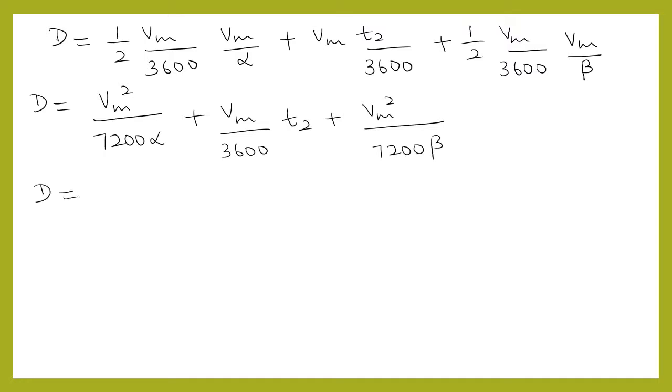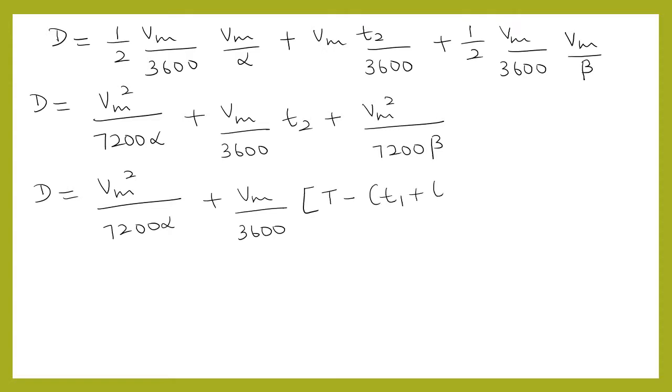That is, D is equal to Vm square by 7200 alpha plus Vm by 3600 into T2, which is nothing but T minus T1 plus T3, plus Vm square by 7200 beta.